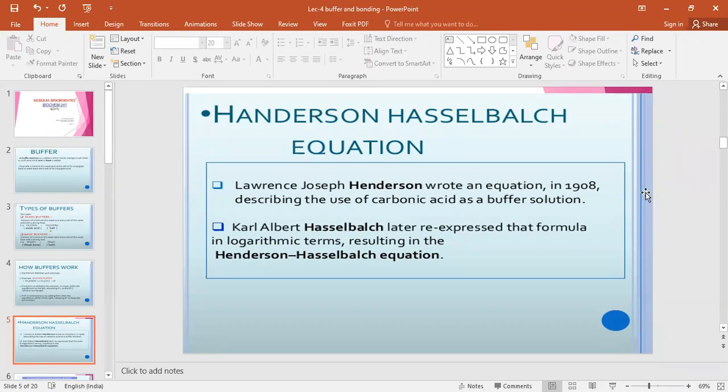The scientist Henderson wrote an equation in 1908, describing the use of carbonic acid as a buffer solution. And the second scientist, Albert Hasselbalch, later re-expressed that formula in logarithmic terms, which results in the Henderson-Hasselbalch equation.